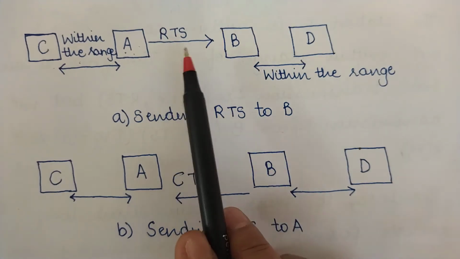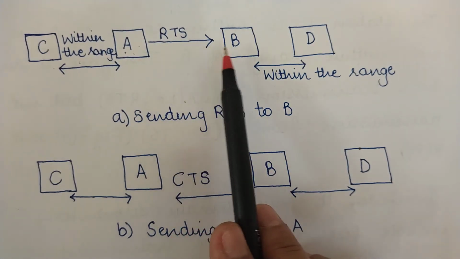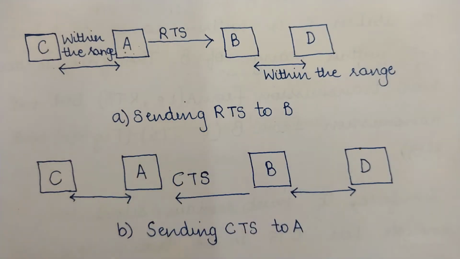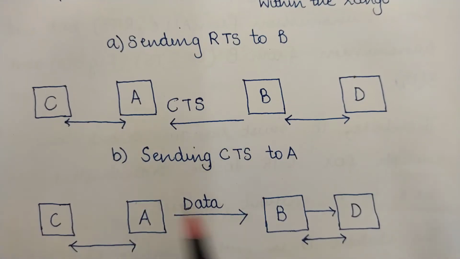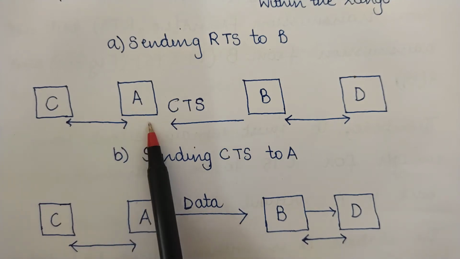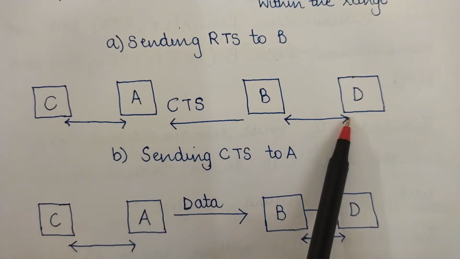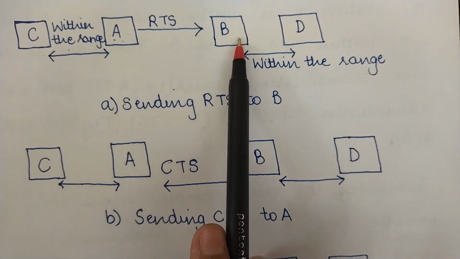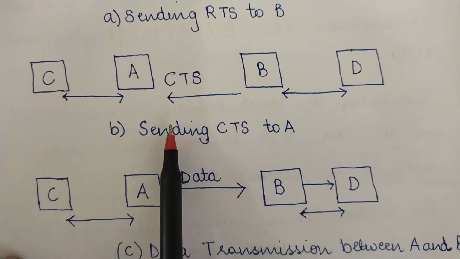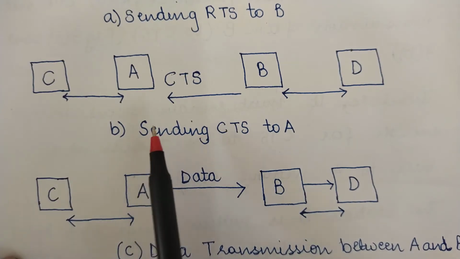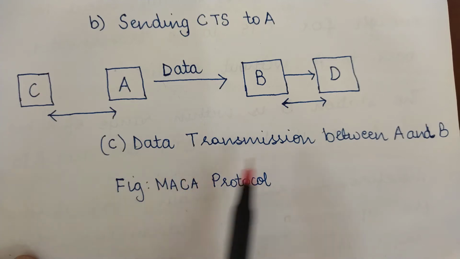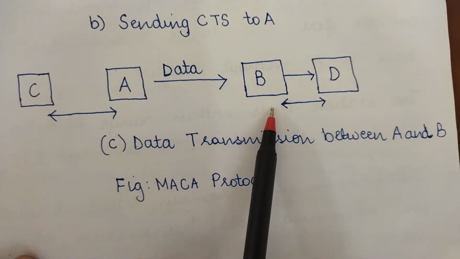Now node A sends an RTS to node B. After receiving the RTS from node A, node B sends a CTS to node A. Then the actual data transmission between node A and node B takes place.